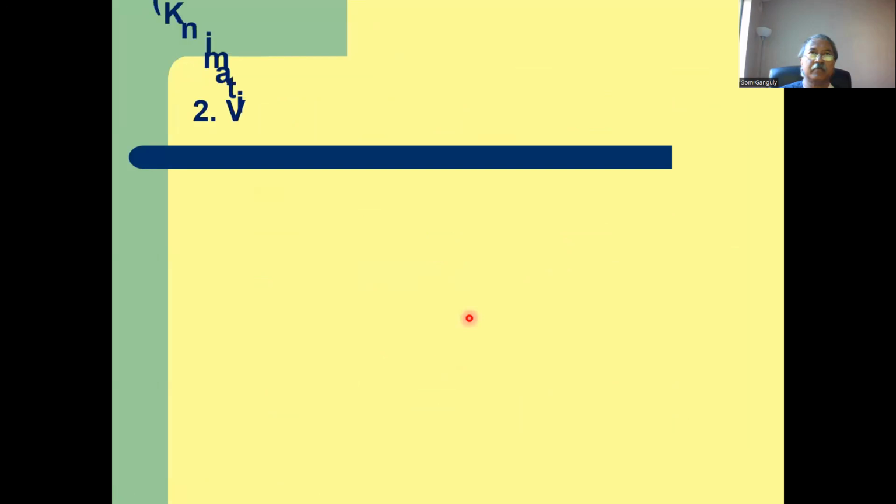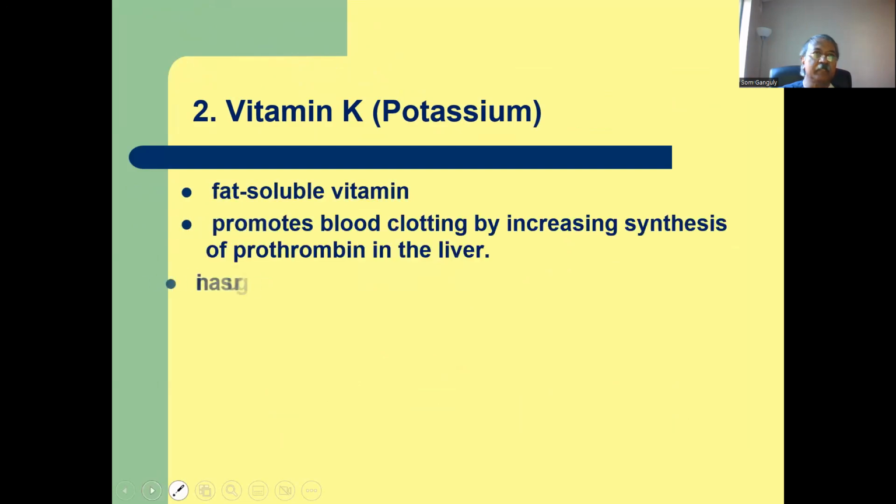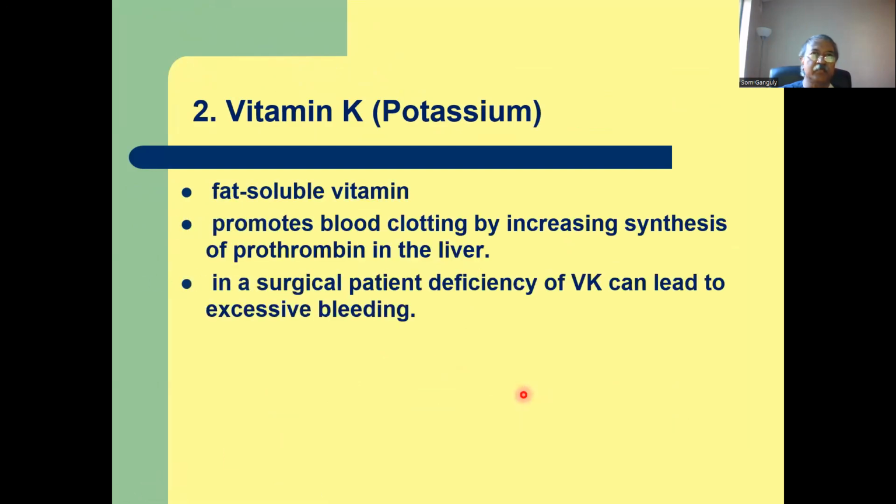You could have vitamin K. This vitamin is required for blood clot formation. The fibrinogen function is a step that requires vitamin K or potassium. So when the patient is lacking potassium, anesthesia can give potassium through the IV.